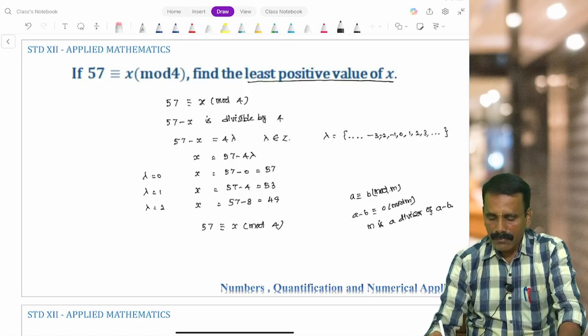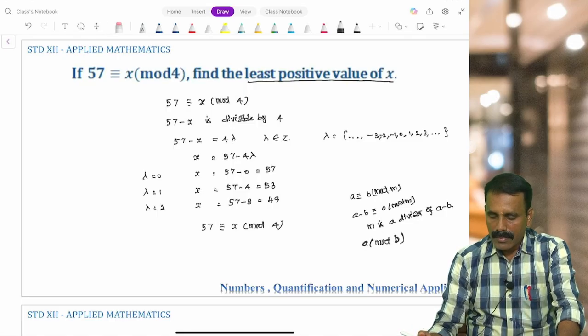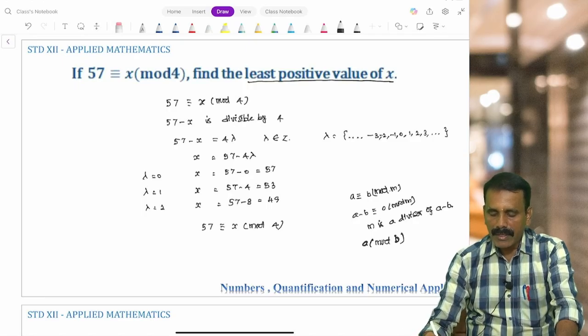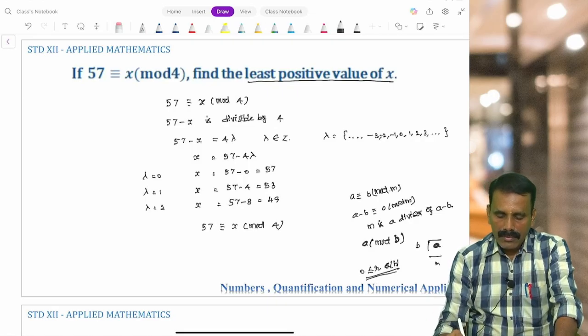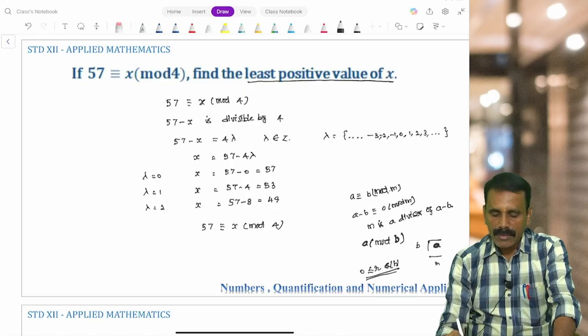But in general, if you are going to find A mod B, we find the remainder when A is divided by B. And the remainder R lies between 0 and mod B. Now this is divided by 4, so we can take the value as 1.